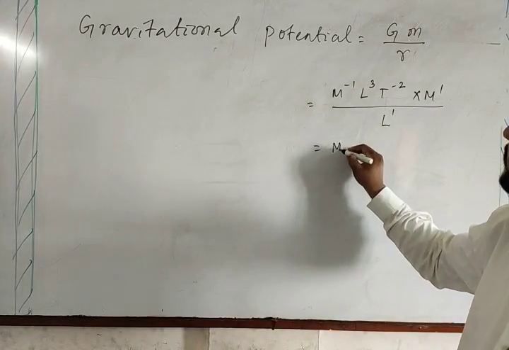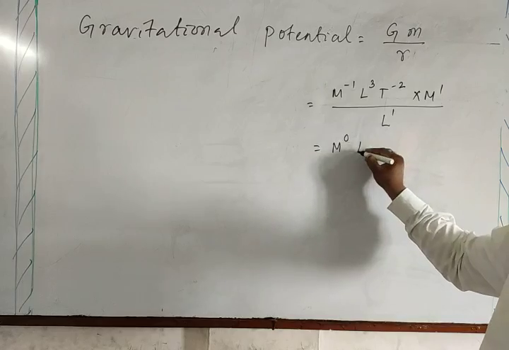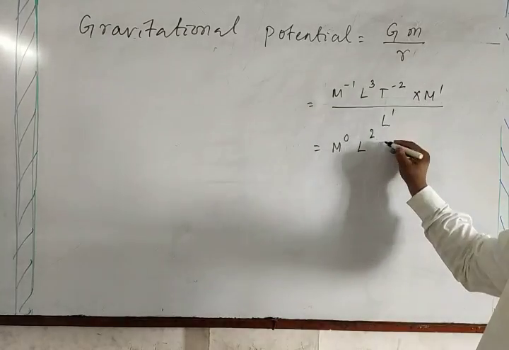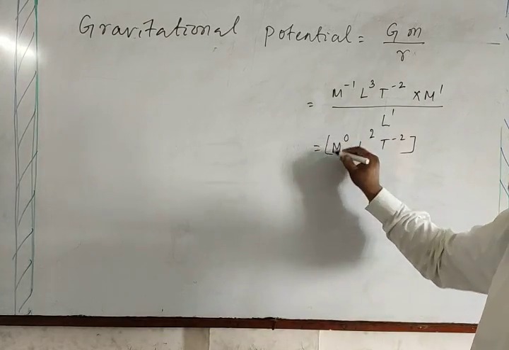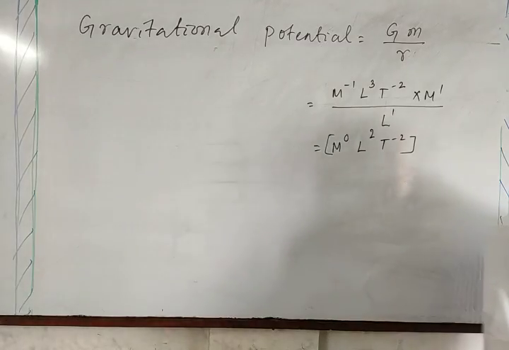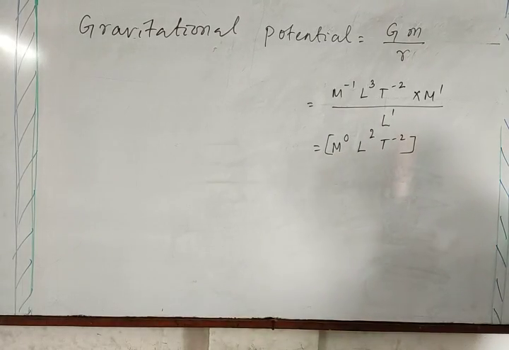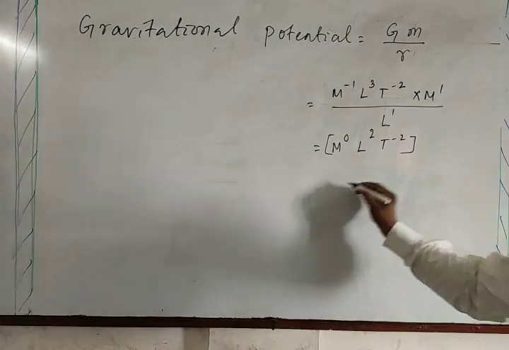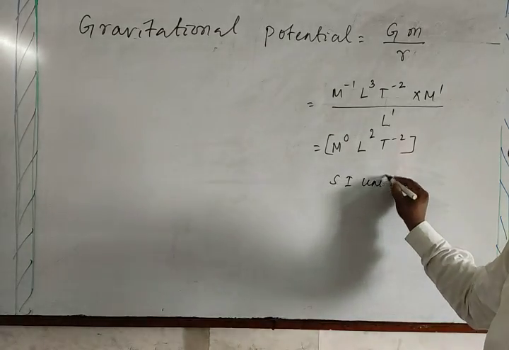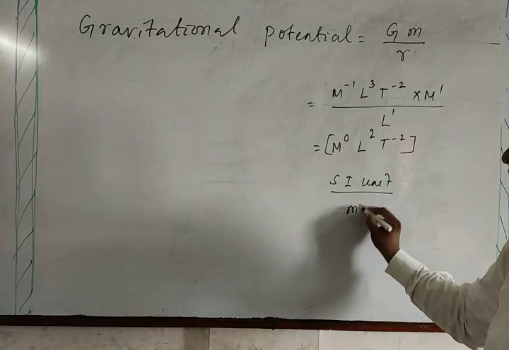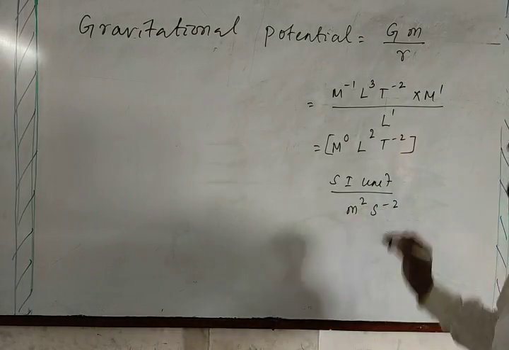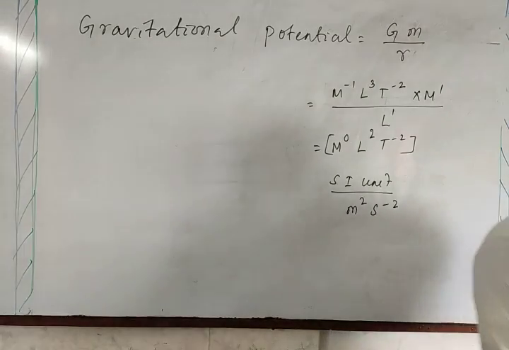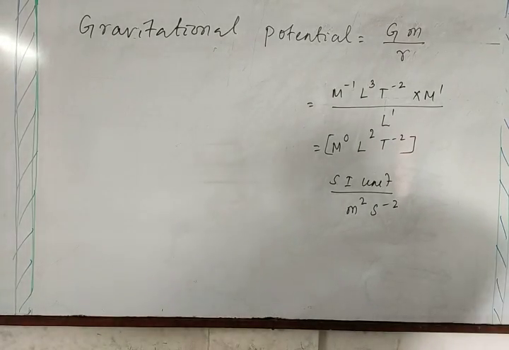So this is equal to M0 L2 T minus 2, right? Then the SI unit I can write as meter square second minus 2. So this is another physical quantity for which we found the dimension formula.